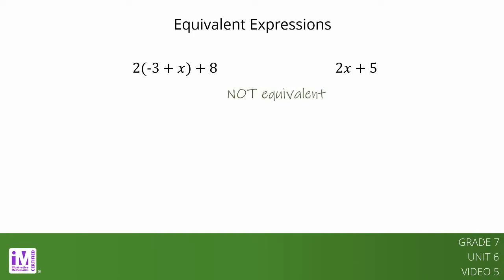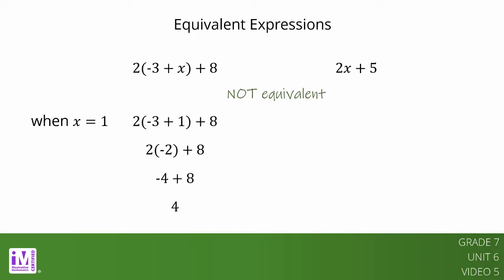We can tell this because when x is 1, the first expression equals 4, and the second expression equals 7. However, it's impossible to compare two expressions for all values. To know for sure that expressions are equivalent, we use properties of operations.